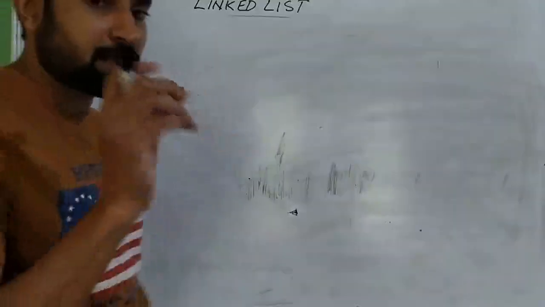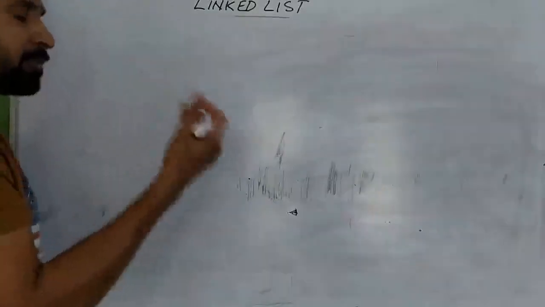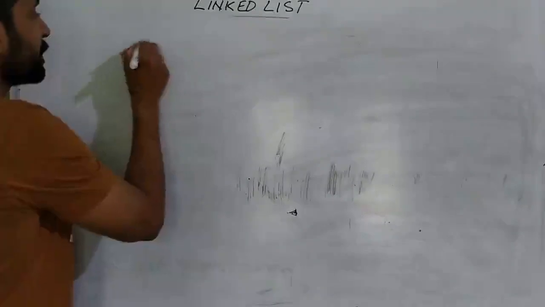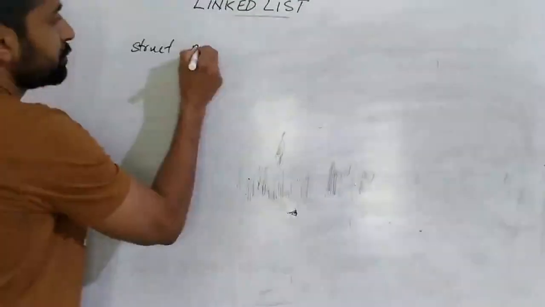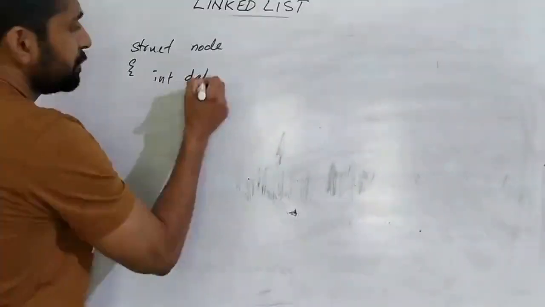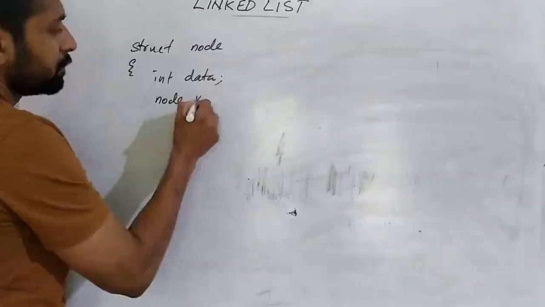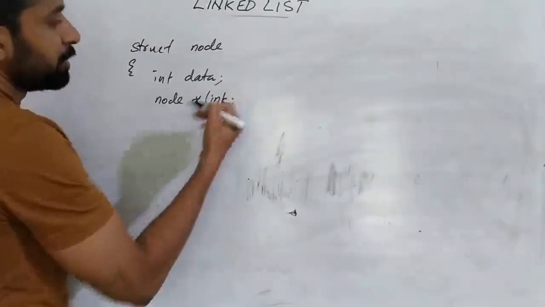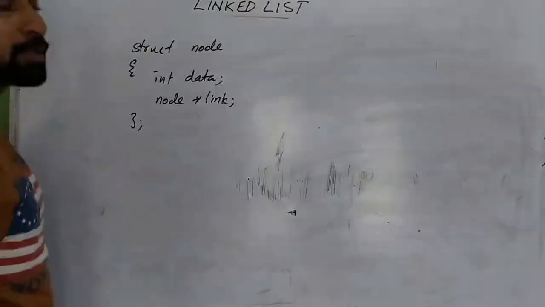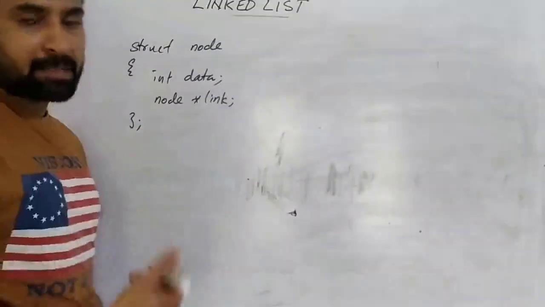So the first step is to create the node. Say, we have a definition like this: struct node { int data; node *link; }. So this is our definition for the node. And we know linked list is a dynamic data structure.